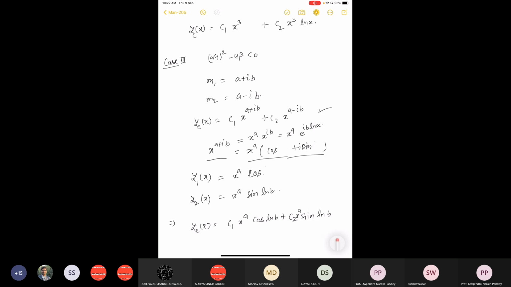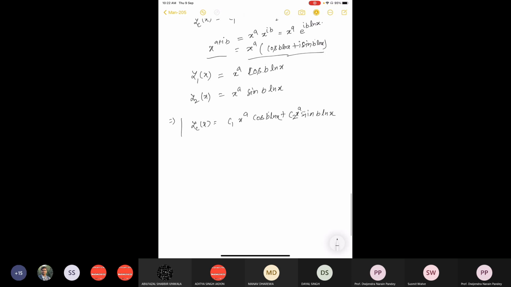A small mistake. So it is basically b ln x. Okay. So it is okay now, y(x). So this is the general solution in case of complex roots here.